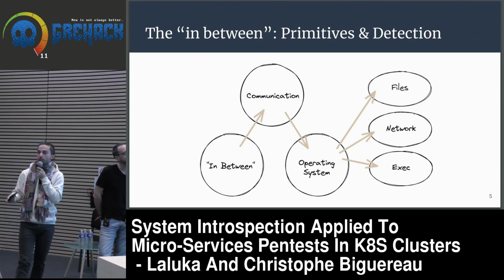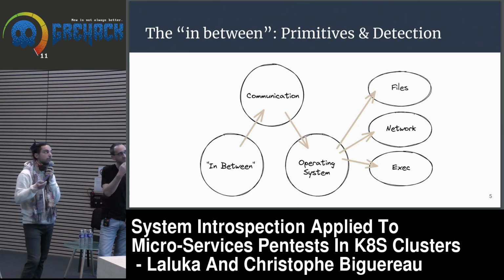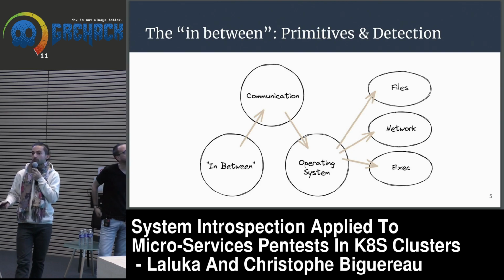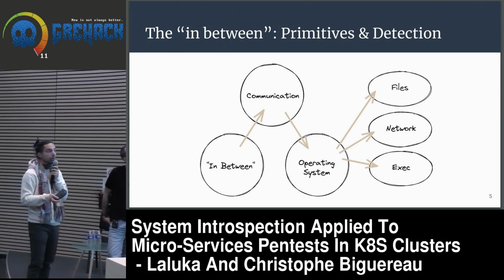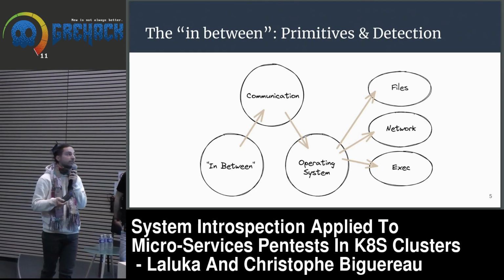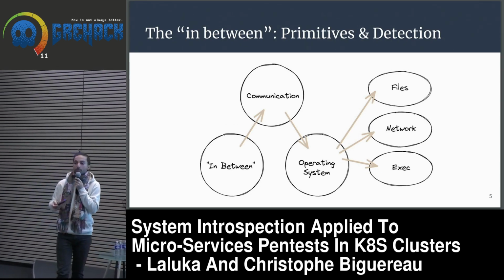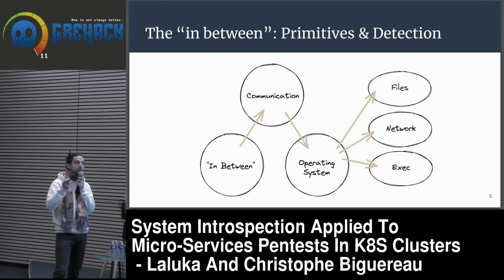What we call the in-between is when two processes or two specific components try to interact with each other, and that's where things go bad. So it all boils down to communication, which is most of the time, if not always, handled by the operating system. And the communications we want to have information on is everything related to the file system.